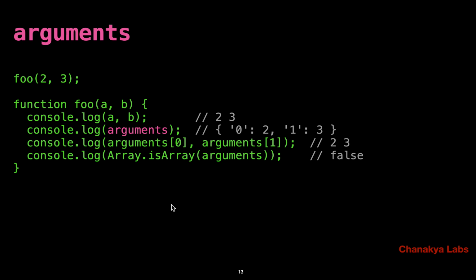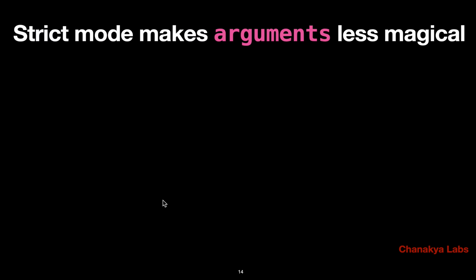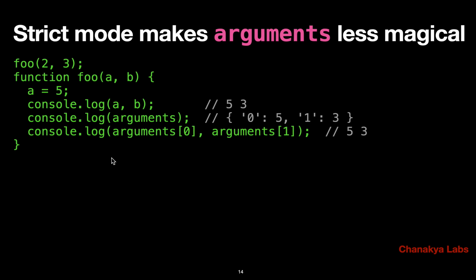Let's see how strict mode has some different behavior for arguments. What it does is that if you are changing anything in A, then that is generally by default reflected in arguments, and if you are changing something in arguments, that is by default reflected in A. That is not what we want.